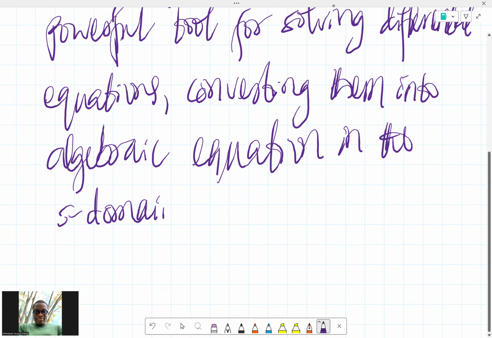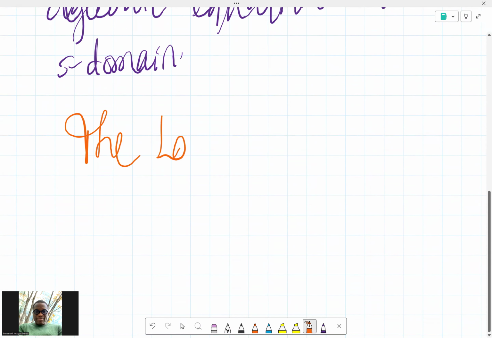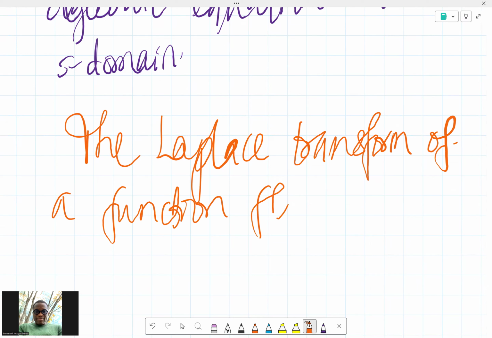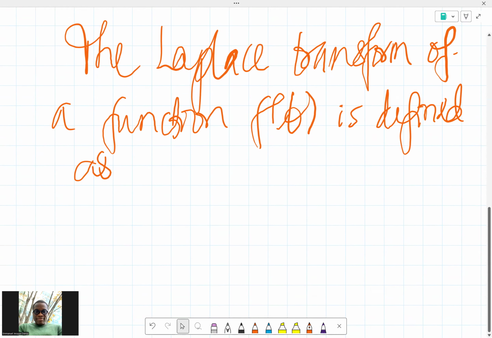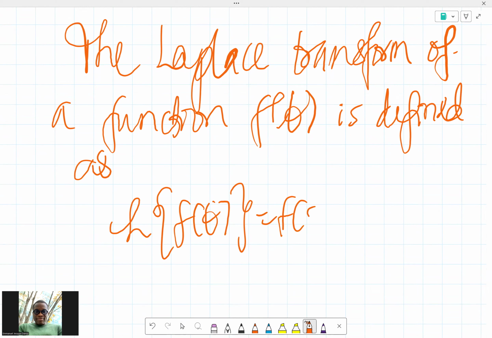In the S domain, the Laplace transform of a function f of t is defined as the Laplace of f of t, which is f of s.